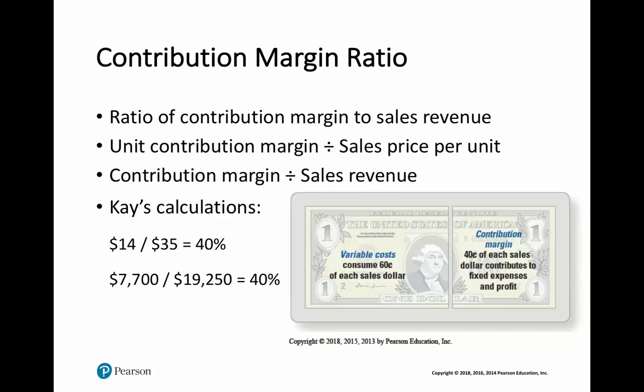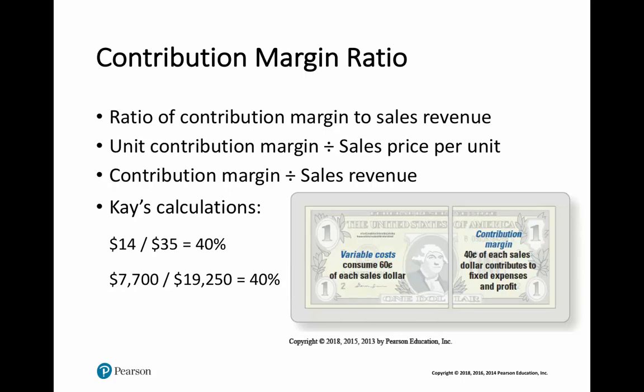So we have here, for example, for Kay, her $14 contribution margin divided by her $35 selling price per unit gives you 40%. Or at 550 posters, if you go back to that contribution format income statement a few slides back, her contribution margin was $7,700 divided by that total sales revenue of $19,250.